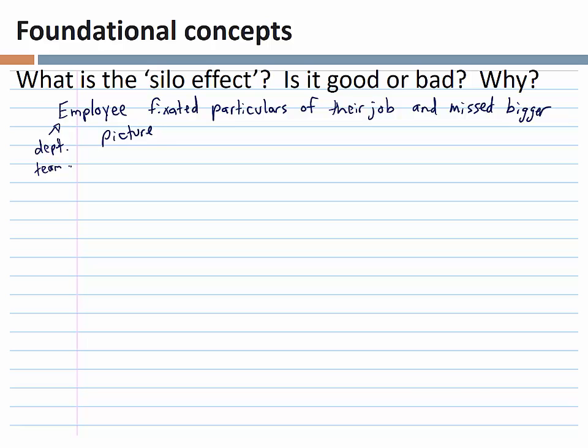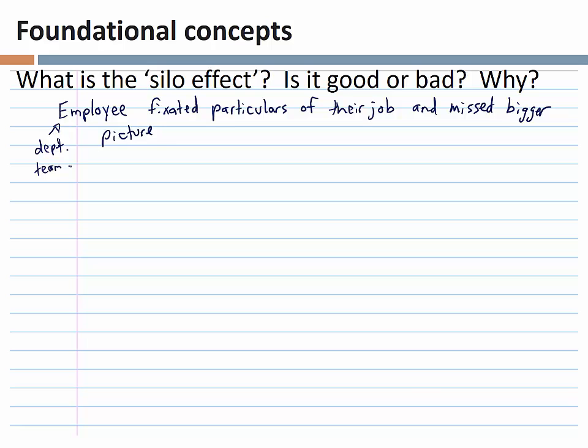Because maybe I could help my organization figure out a new type of widget that would revolutionize the market. Or maybe there are things going on in the manufacture of widgets that if I pass this information on to the people doing purchasing, they could buy me better components that would help me more easily and cheaper make a better widget.